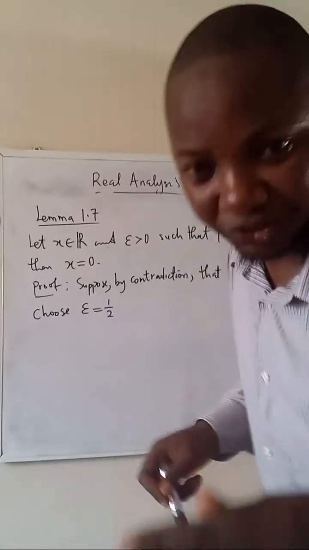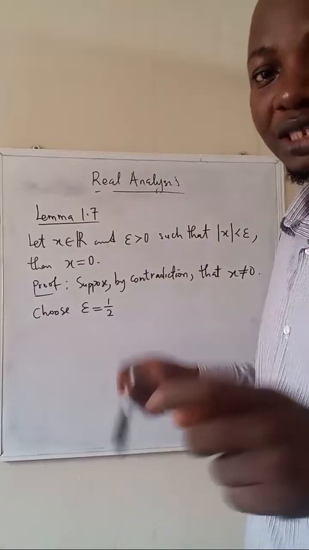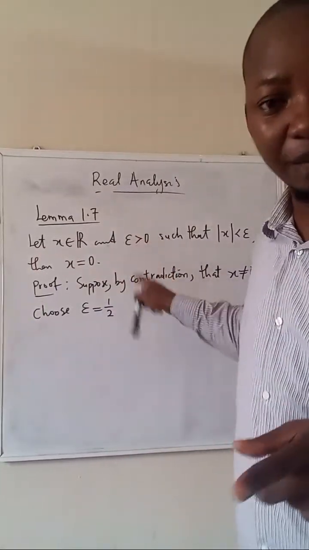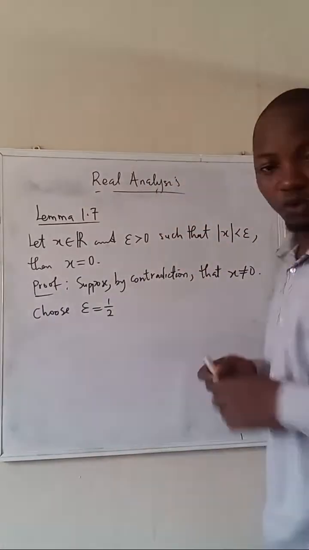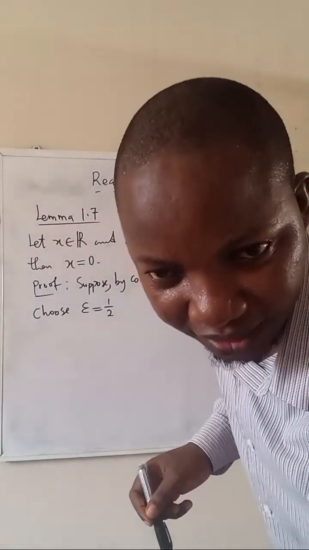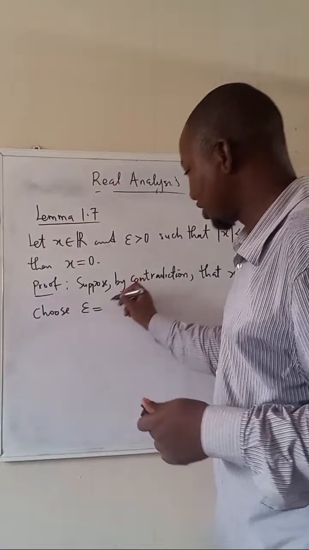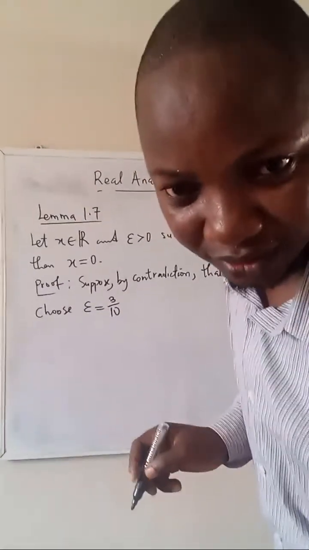It's a continuation of the properties of absolute value we just discussed. That's what the lemma is talking about. Somebody is saying 0.3. All right, 0.3 should be 3/10. Are you okay with this, Yusuf Hashim?